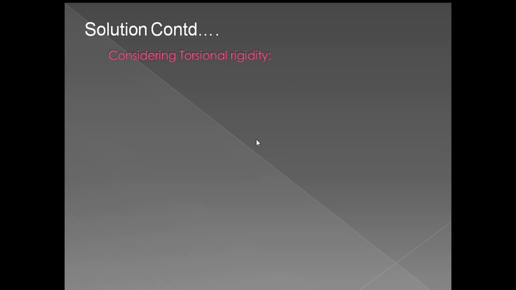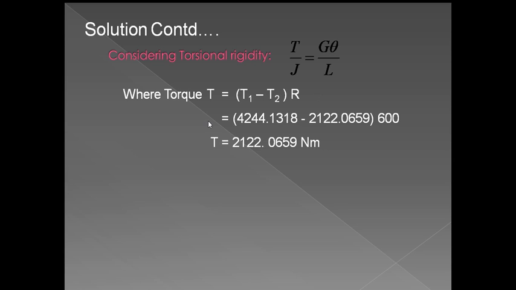While considering the torsional rigidity, T by J equals G theta by L. Torque equals T1 minus T2 into R. So the torque value will be 2122.0659 Newton meter.